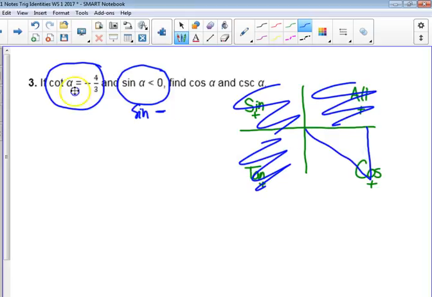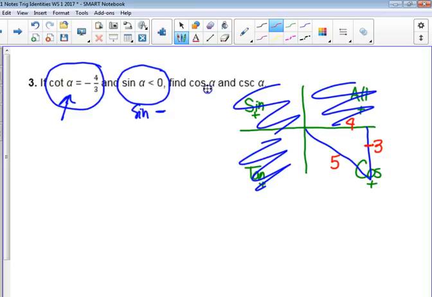Now, while I'm in quadrant 4, I'm supposed to label cotangent negative 4/3. Cotangent is x over y, or adjacent 4 here, opposite 3. Which one of those gets the negative? How do you know? Because it was going down, okay? So that one gets the negative. Do Pythagorean theorem, and we get 5 again.